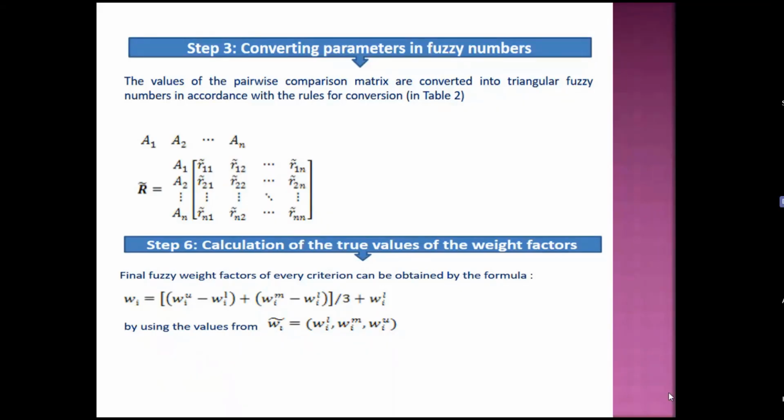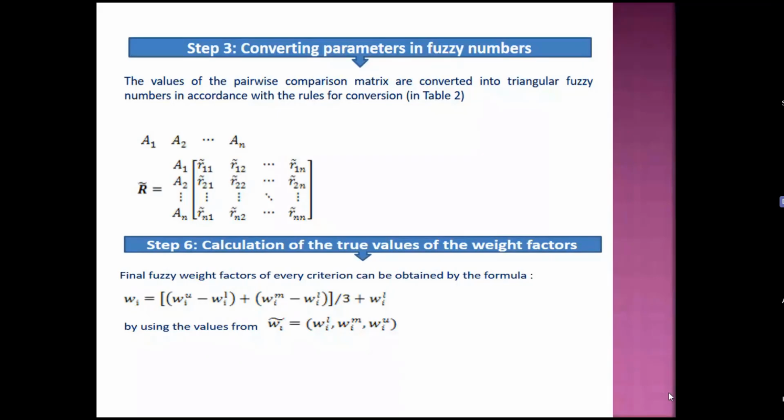The next step is converting parameters into fuzzy numbers. The values of the pairwise comparison matrix are converted into triangular fuzzy numbers in accordance with the rules of conversion. In fuzzy AHP, the main concept is to convert the responses of the experts into triangular fuzzy numbers.